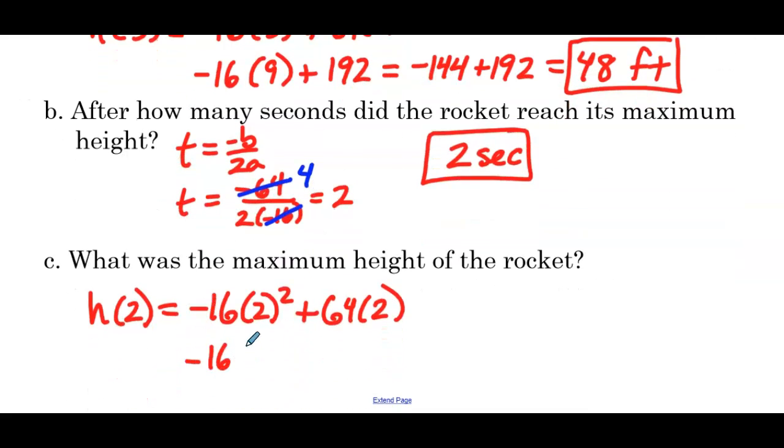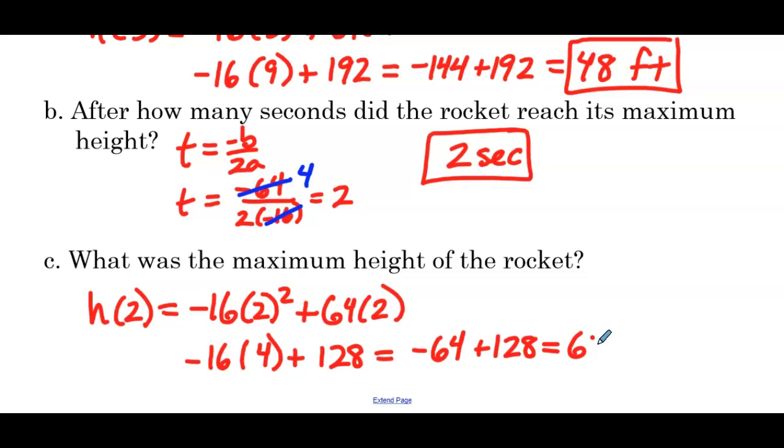So we have negative 16 times 4, plus 128. Negative 16 times 4 is negative 64. Plus 128 is positive 64. So 64 feet is the maximum height of the rocket.